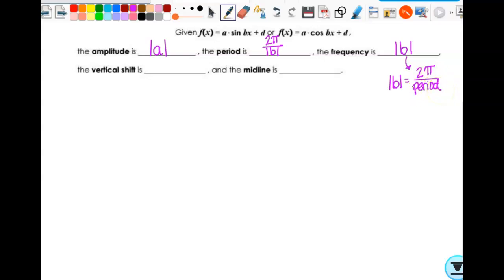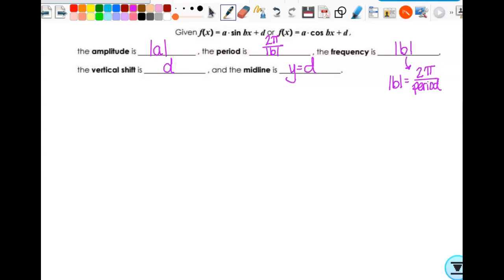So remembering how those are related is going to be very important. Your vertical shift is just like what it's always been, D, and then the midline is y equals whatever D is.